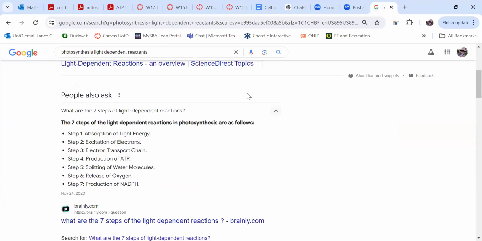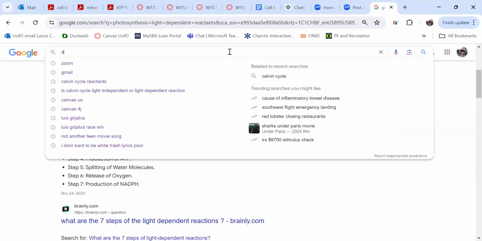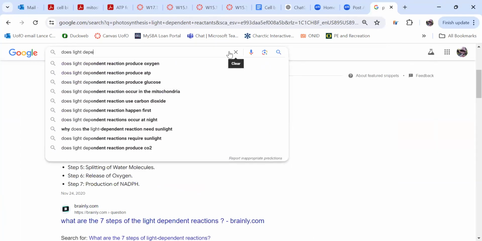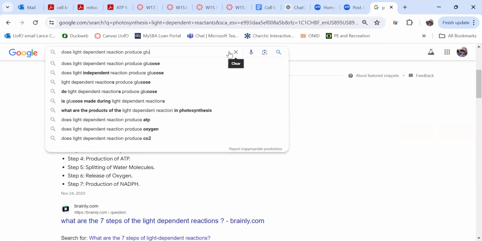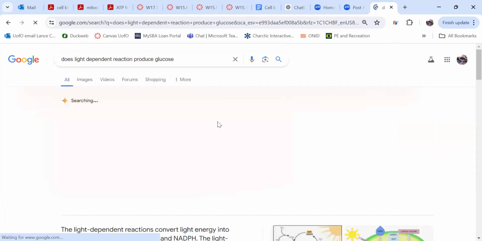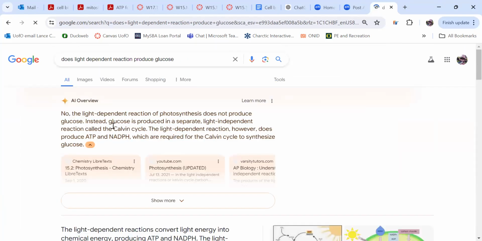And let's clarify this with some Google research. No, the light-dependent reaction of photosynthesis does not produce glucose.